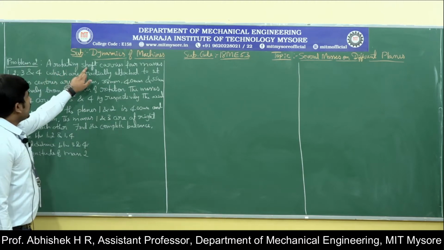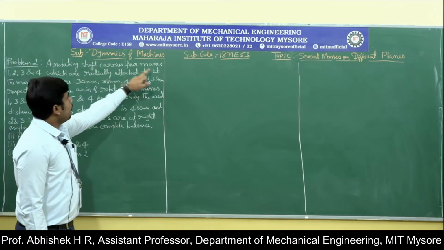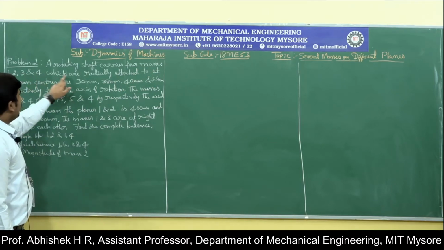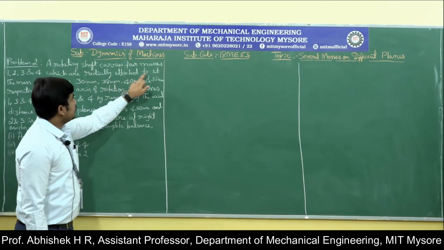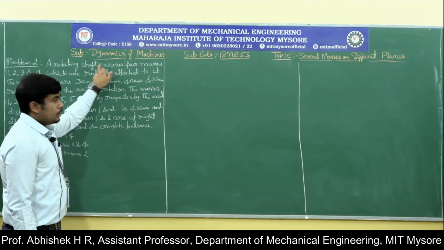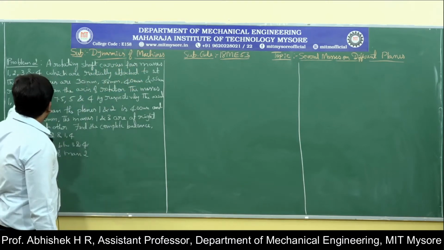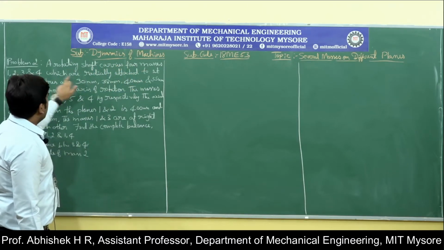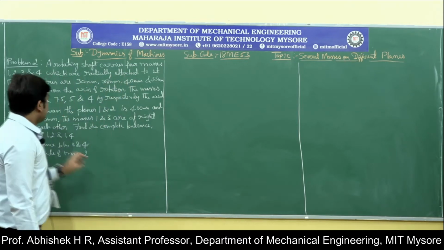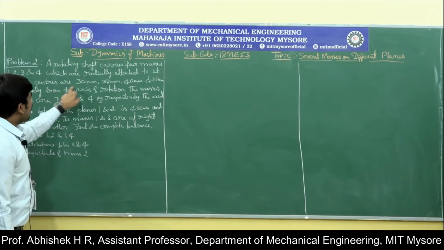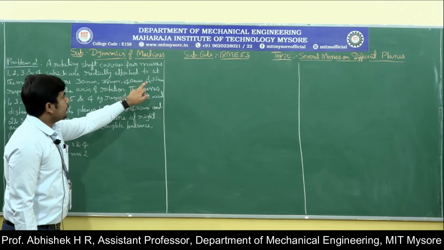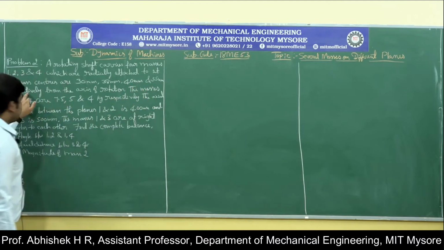A rotating shaft carries 4 masses 1, 2, 3 and 4 which are radially attached to it. So, there are 4 masses. The mass centers are 30 mm, 38 mm, 40 mm and 35 mm respectively.